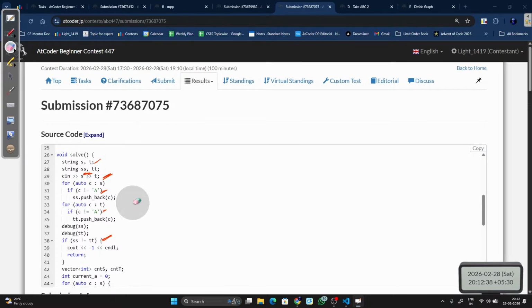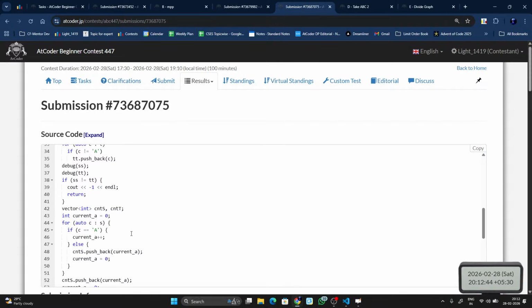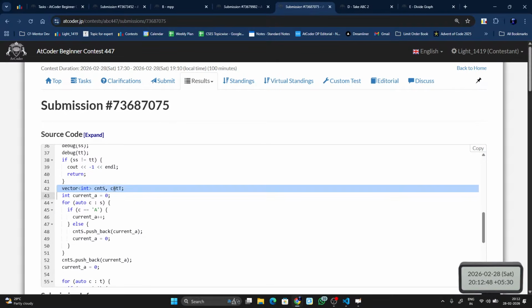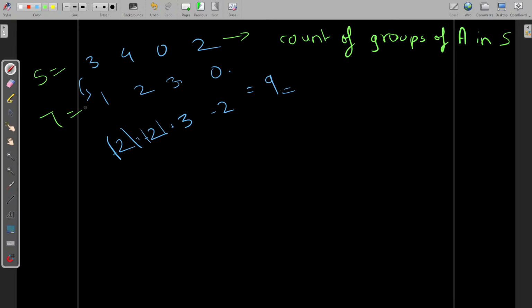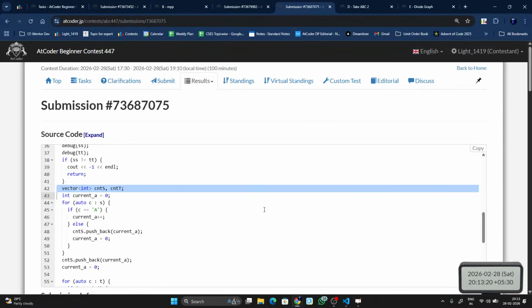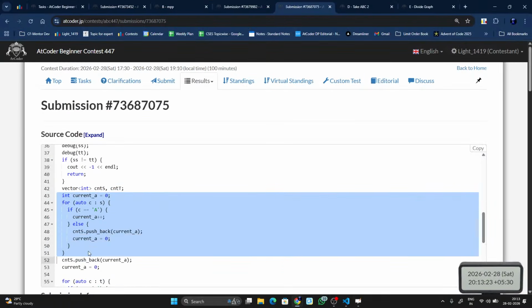After that part, we'll have to maintain the count of groups of A. Let's say this was the count of groups of A in S, and similarly, this would be the count of groups of A for string T. So how to calculate the count of groups of A in any string?